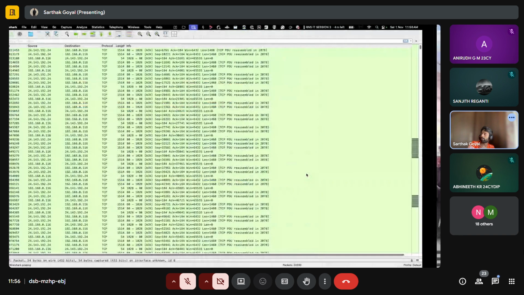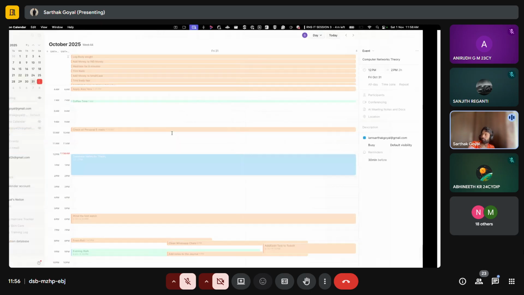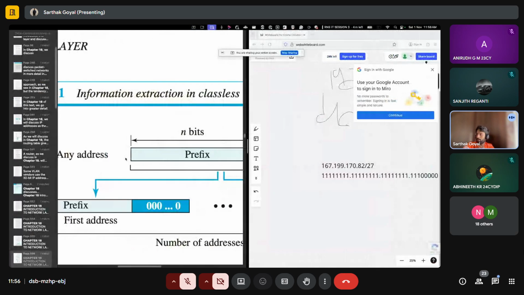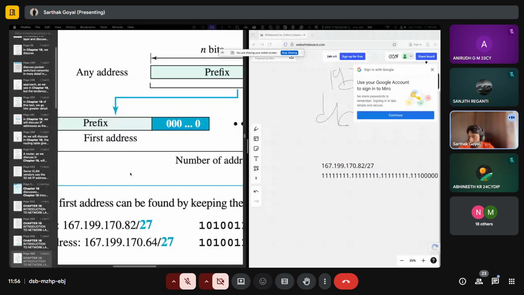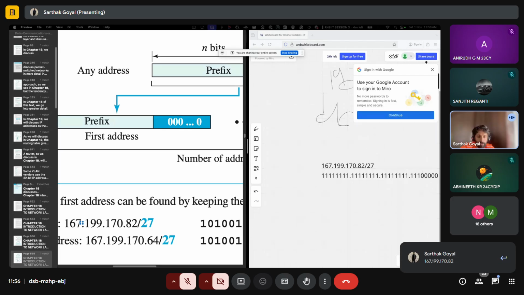Or I can do 167 with you guys. Until then, I'll put the IP address on the chat. I need a few of you to convert it, or if you're using a calculator, convert 167.199.170.82 to binary.